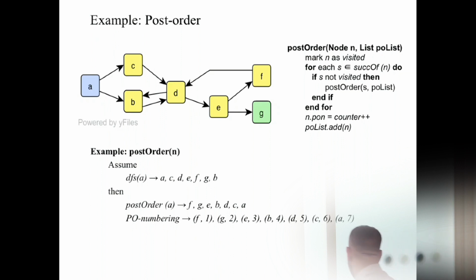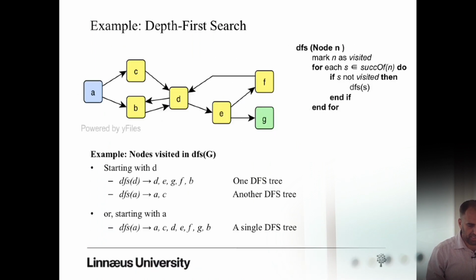For example, in the depth first example over here, I started from A and then I went to C, but instead of going to C, I can also go to B first. That's absolutely fine, because according to the algorithm, I can pick any of the successors. If I pick B, maybe then I will go first to D, and after visiting the nodes, I will come back to B.